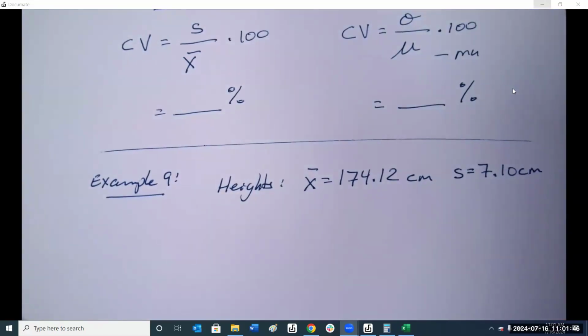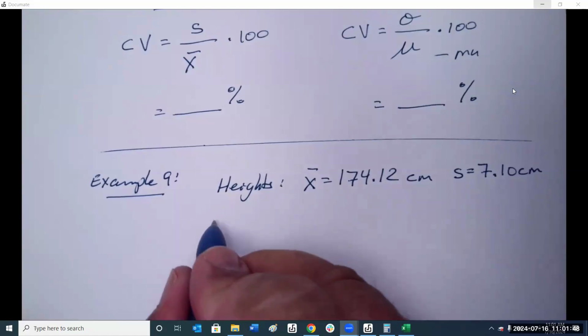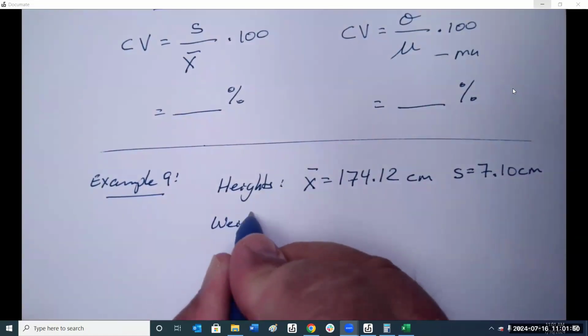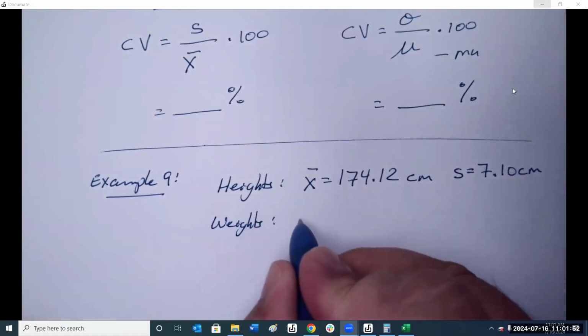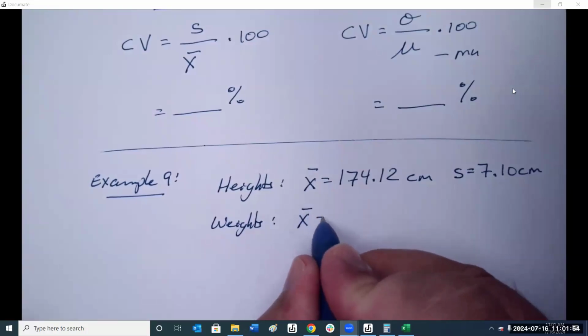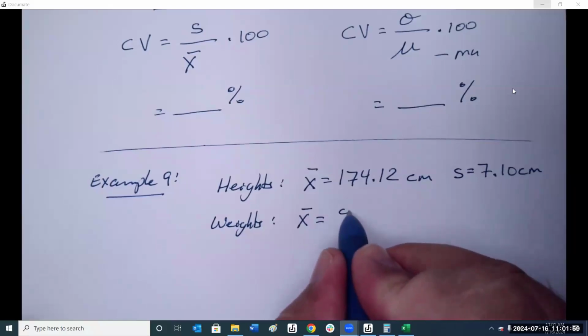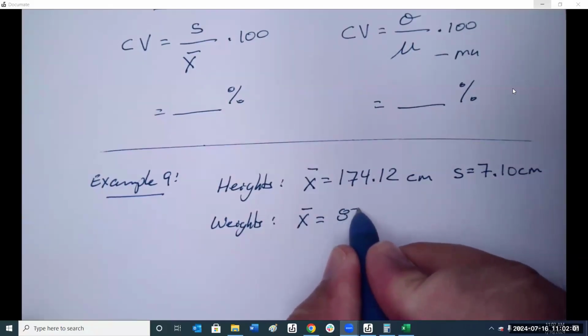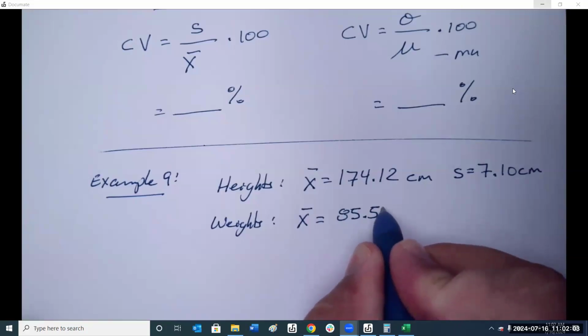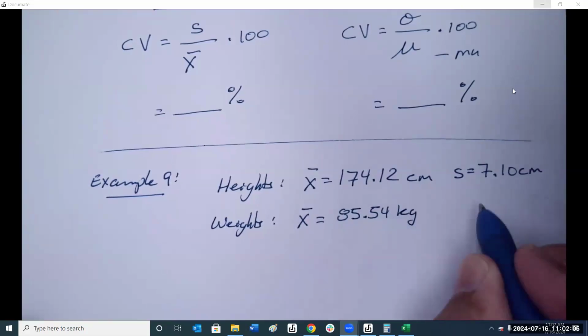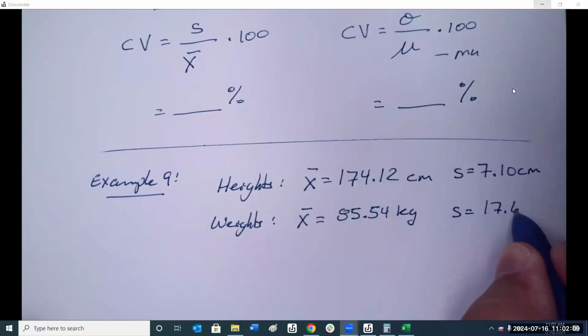That's the heights of the adults. The weights, the mean of the adult males' weights was 85.54 kilograms, and the deviation was 17.65 kilograms.